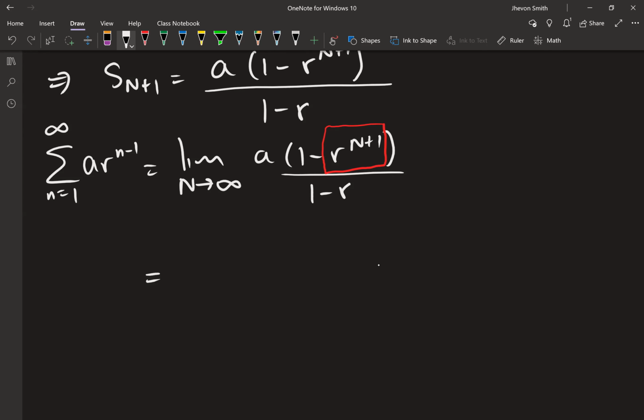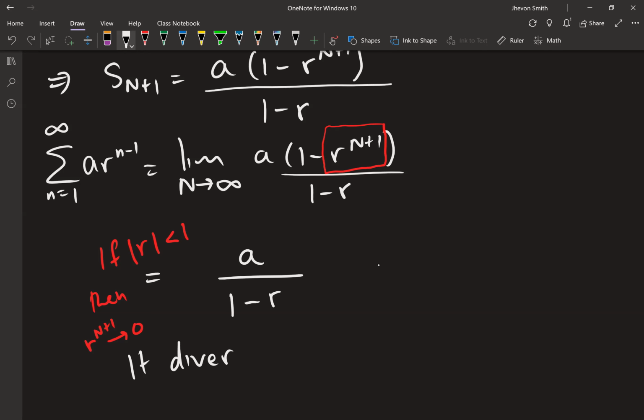So basically what we realize is that if our R is smaller than 1 in absolute value, then this part is going to go to 0. Then the R to the n plus 1 would approach 0. And so we are going to end up with A divided by 1 minus R. And it diverges in other scenarios.